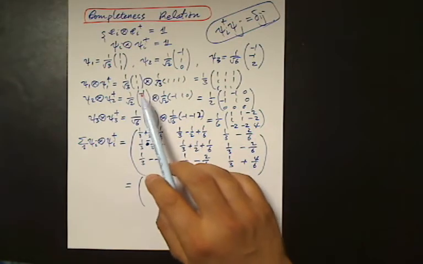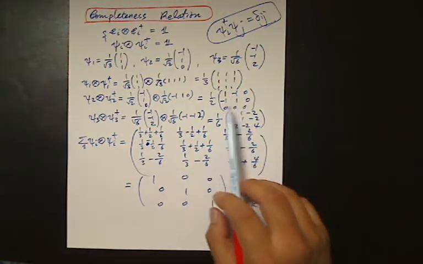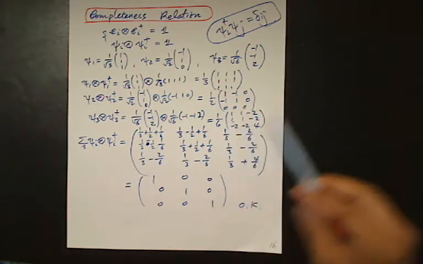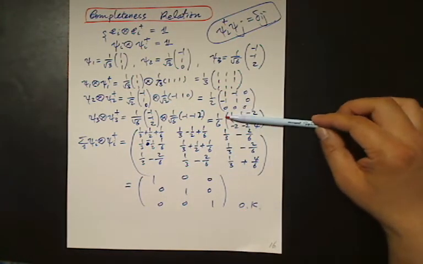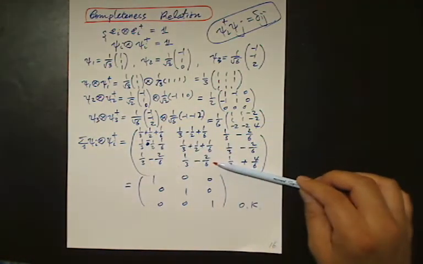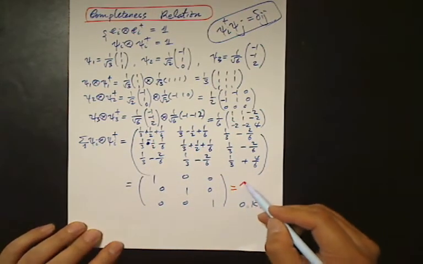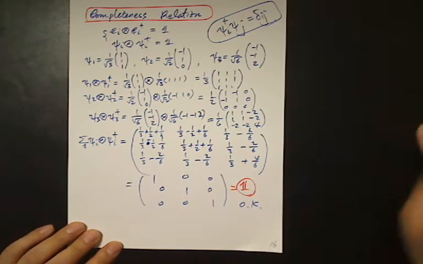The calculation of the direct product will be like this, this, and this. And by summing these three pieces, we find that after tedious calculation, everything will reproduce the identity. This is the completeness relation.